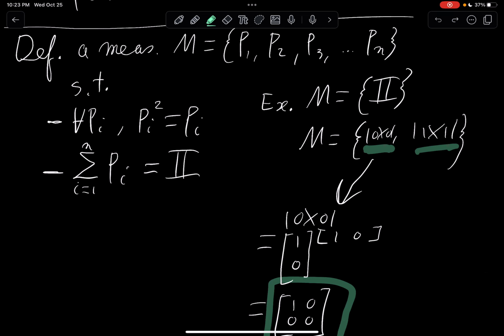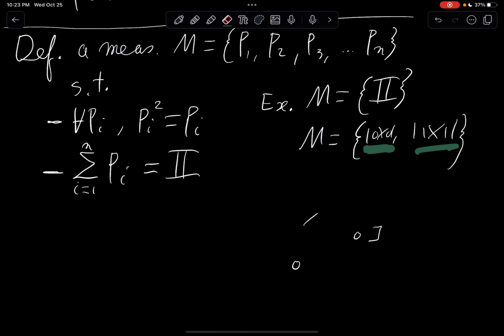Okay, so I just gave two examples of measurements. Now let's try to think of them physically, because I just showed you examples of these measurements from a mathematical point of view. Let's try to understand what is happening on a physical level.